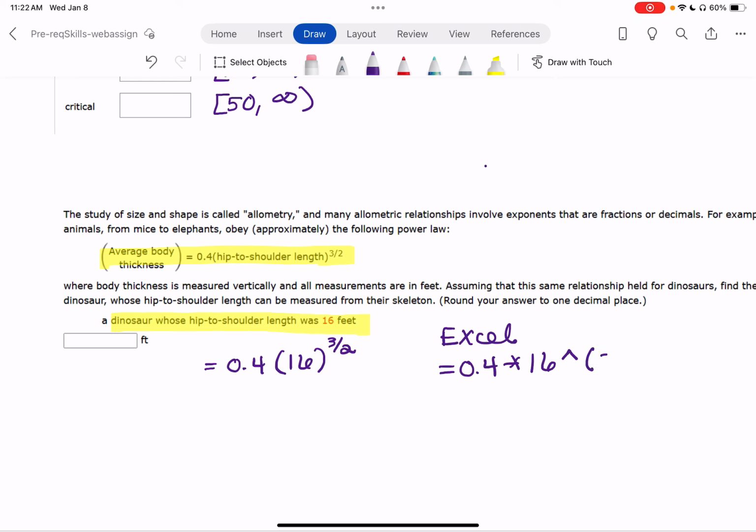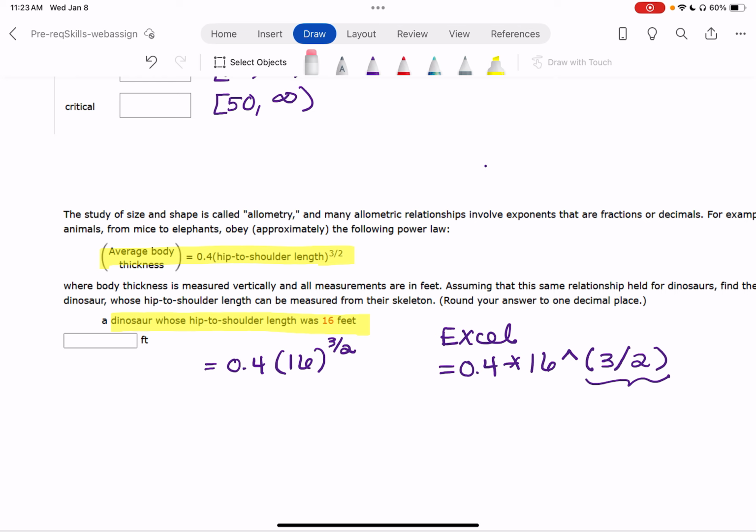And then remember, it is very important that you use parentheses around that 3/2 because we need Excel to know that all of this is in the exponent position. If you leave those parentheses off, which is what a lot of students do by mistake, it only thinks the 3 is in the exponent position, and then it thinks you're dividing by 2.